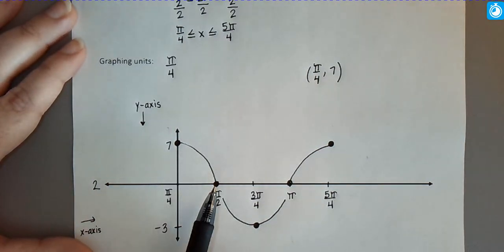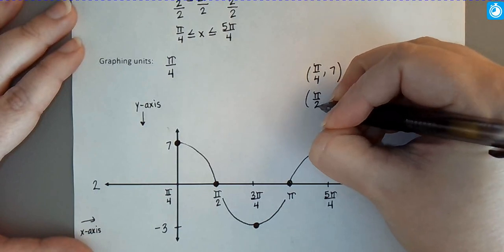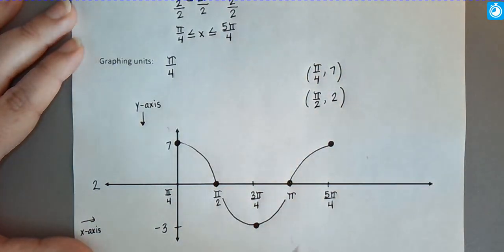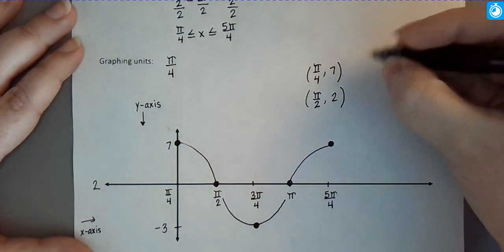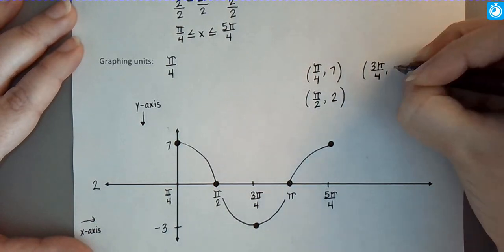The next point is at pi over 2, and notice it's not at 0, the y value is 2. So our next point falls at pi over 2 and 2. Next point, 3 pi over 4, and we're down at negative 3. So 3 pi over 4, negative 3.